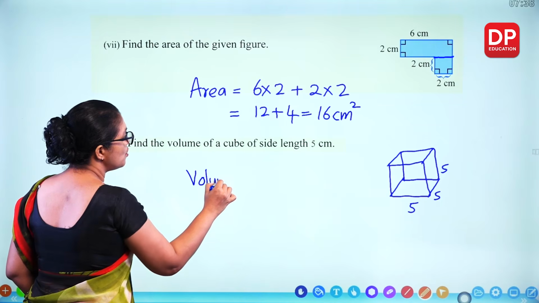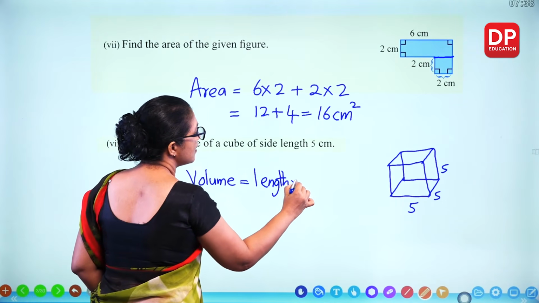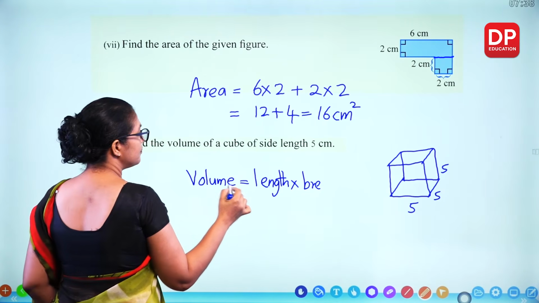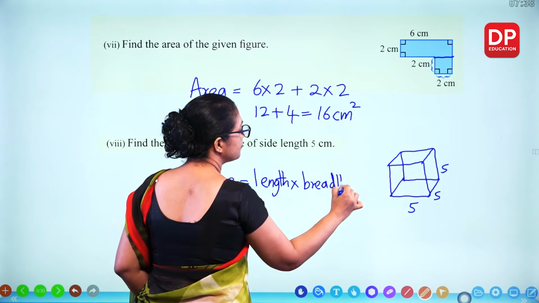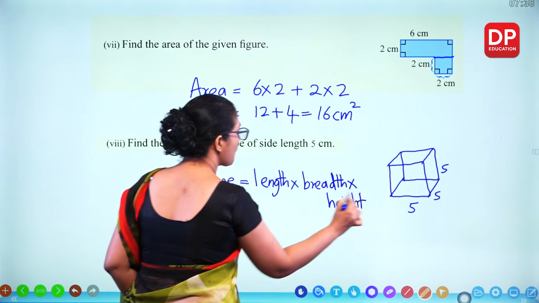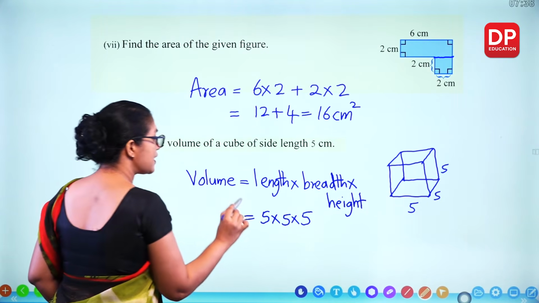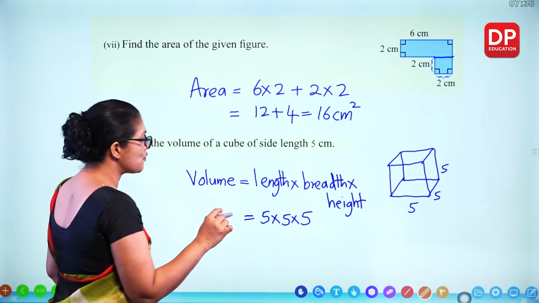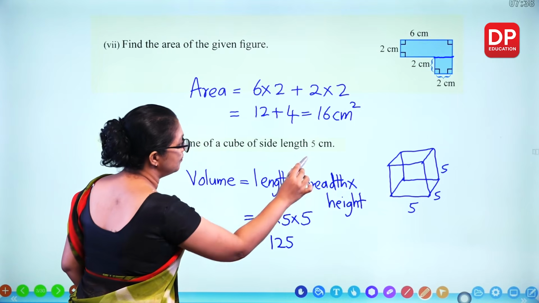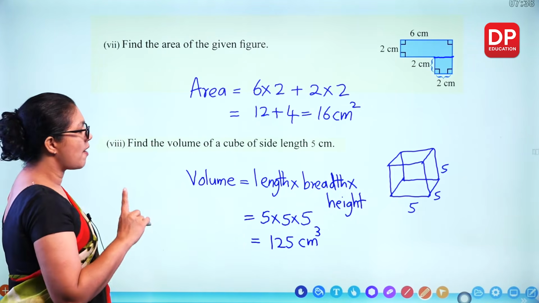Volume is equal to length, breadth, and height. 5 into 5. 5 times 5, 25. 25 times 5, 125 cubic centimeters. This is a volume. So that's power 3.